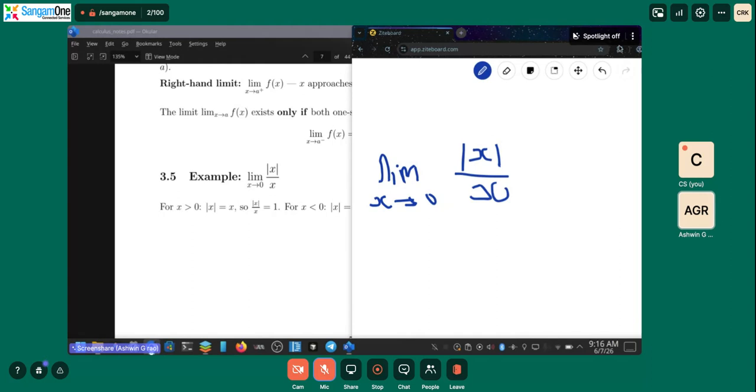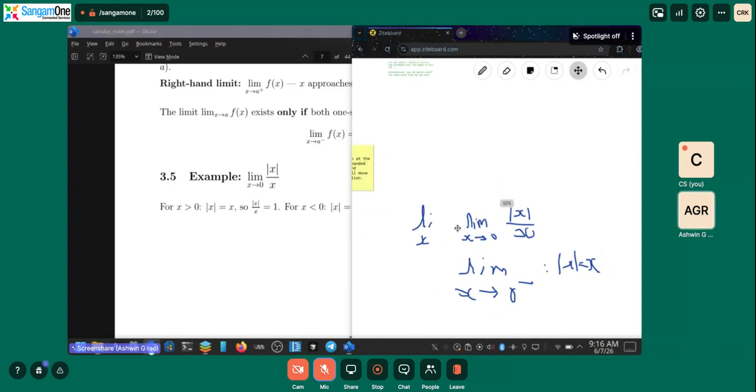How do we represent the left hand limit? Let's see. For x tends to 0 from the negative side, the left hand limit, we get mod x is equal to x.